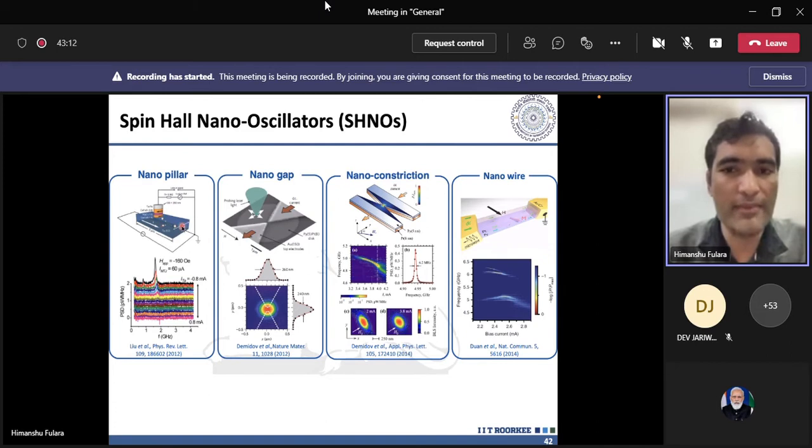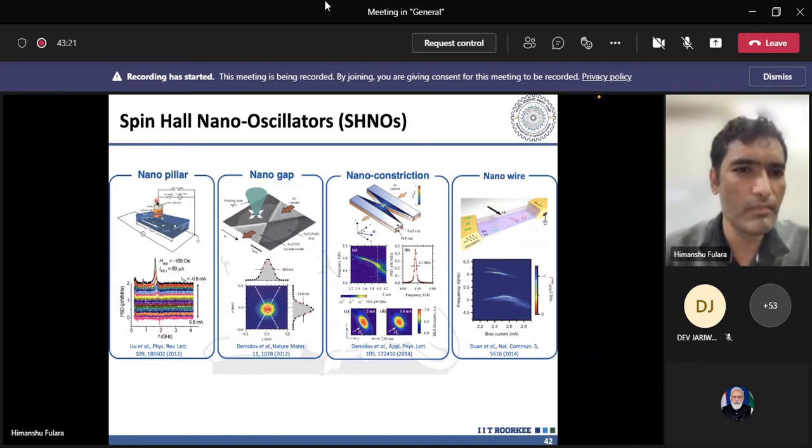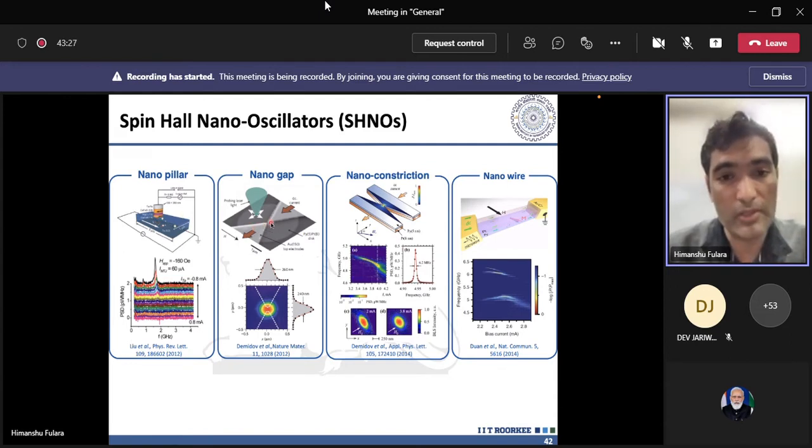Researchers have used different device geometries and different nanostructures. The nanopillar is one kind of geometry, where you make pillars of, let's say, 100 nanometer or 150 nanometer size, and then you can also create a nano gap between two contacts. This nano gap is also a kind of device.